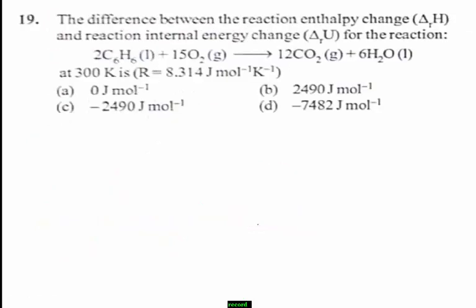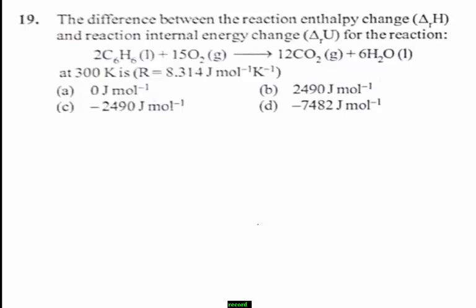Next, question number 19. The difference between the reaction enthalpy change delta H_R and the reaction internal energy change delta U_R for the reaction. They have given benzene reacting with oxygen, meaning combustion of benzene.